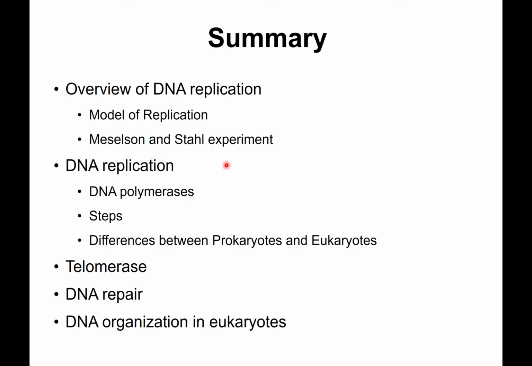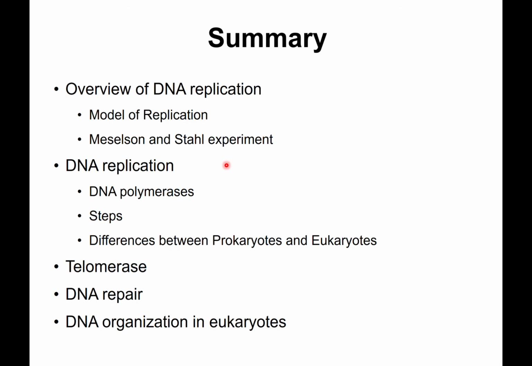And then we talked briefly about the difference between prokaryotes and eukaryotes, particularly how you have a single origin of replication in prokaryotes, whereas in eukaryotes you have multiple ones due to the different size. Then we talked also about how in eukaryotes telomerase takes care of the shortening of the chromosomes in the telomeres by basically keep extending them in some specific cells, germ cells and stem cells, not in somatic cells.